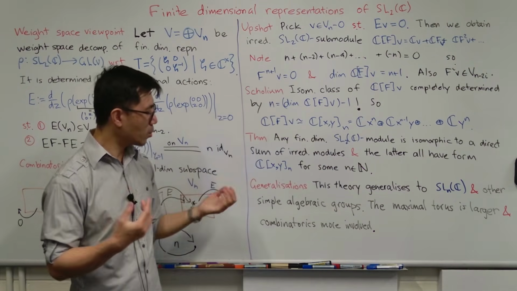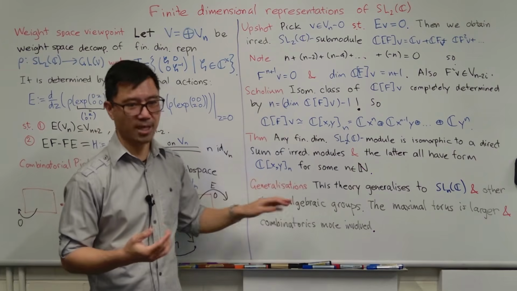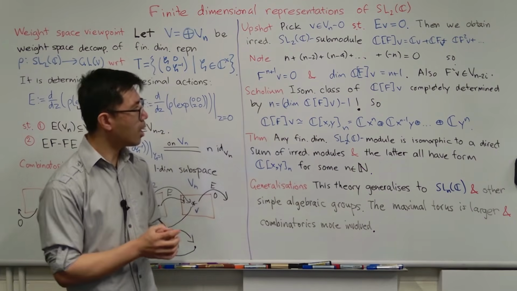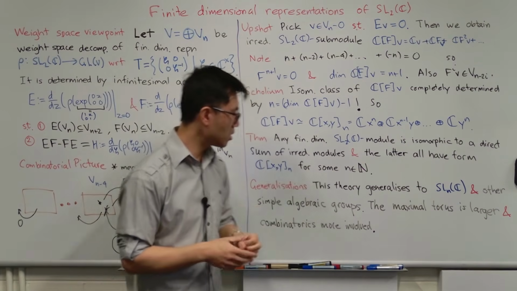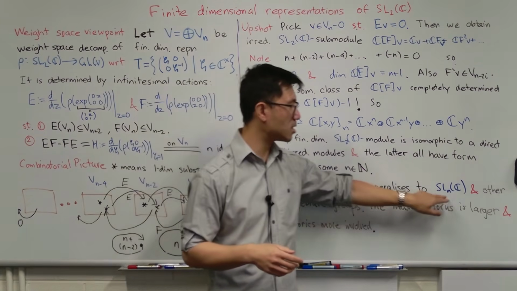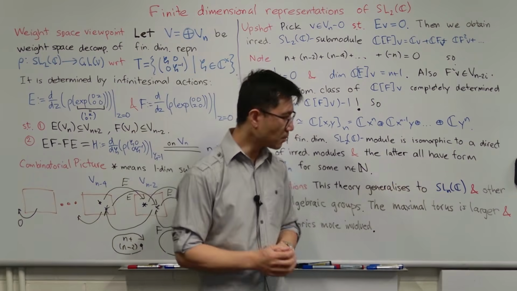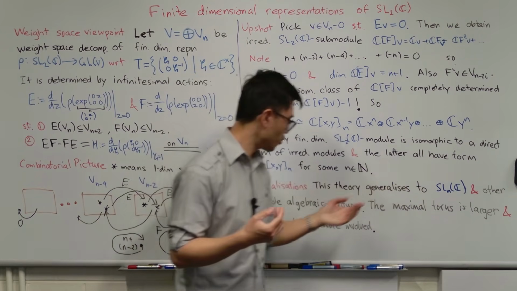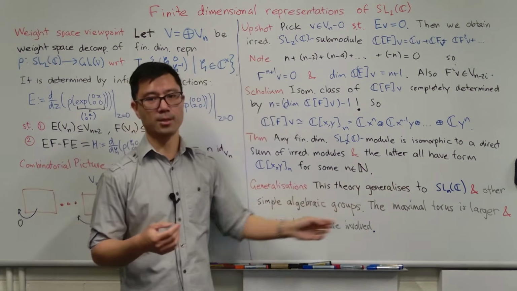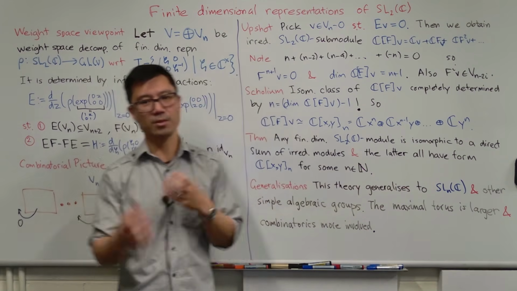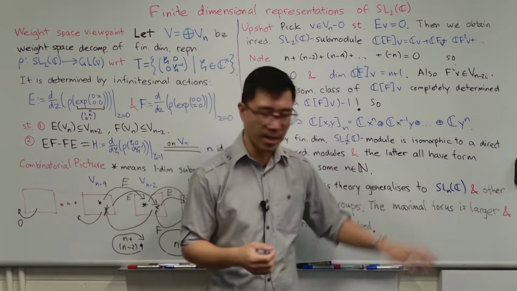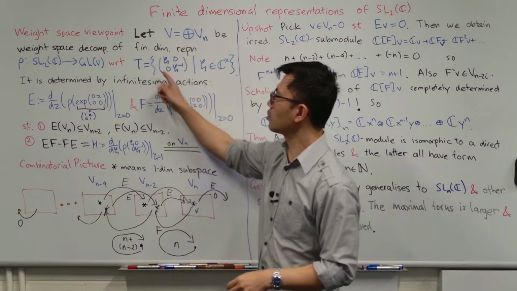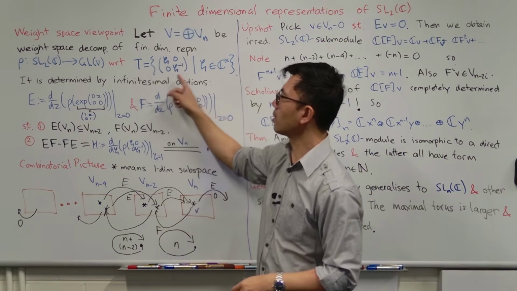And I just want to wrap up by saying some generalizations of what happens. This is just SL2C, so what happens in general? The point is that this theory generalizes to SLNC. And in fact, it also generalizes to other simple algebraic groups. Let me say what types of things change. The first thing is that we used this torus for SL2C.